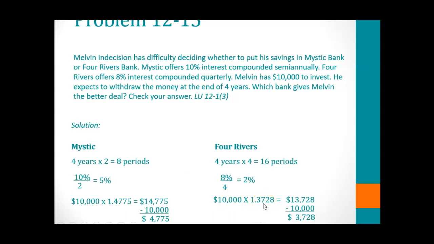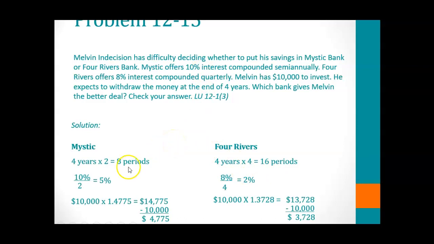So with Four Rivers, you will earn $13,728. So we see that Mystic Bank is the better offer. He'll earn more interest with Mystic Bank because of the higher interest rate than he would earn with Four Rivers.